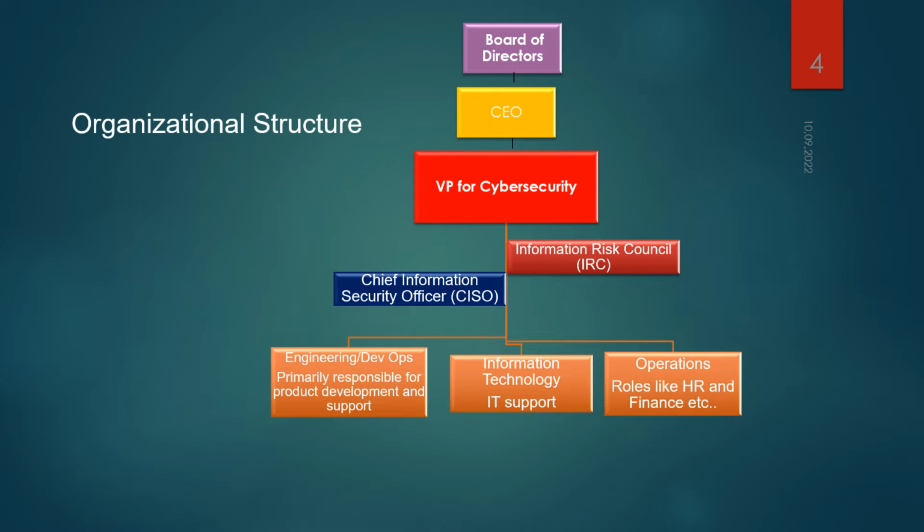which is comprised of the Board of Directors, CEO, VP for Cybersecurity, Information Risk Council or IRC, Chief Information Security Officer or CISO, and under that there's another team, which is engineering or development and operation, with the primary responsibility to engage with product development and support.